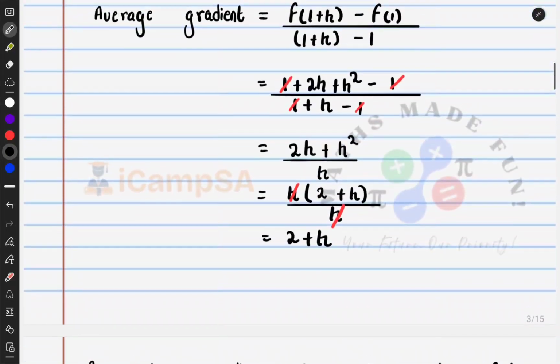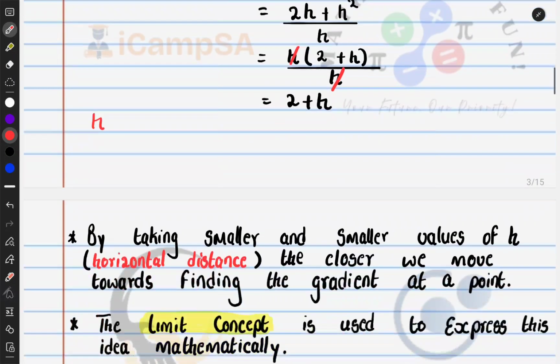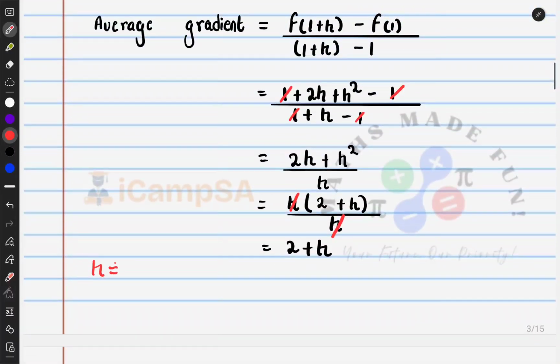And another important thing to note here is that h can never be equal to 0. Let me put this in writing. H can never be equal to 0. And the reason is what? H is in the denominator. As you can see, that h there is in the denominator. So if h becomes 0, then this will be an undefined function.